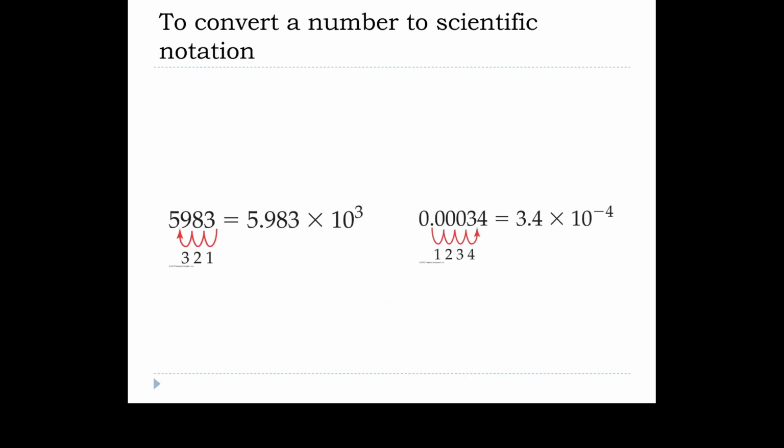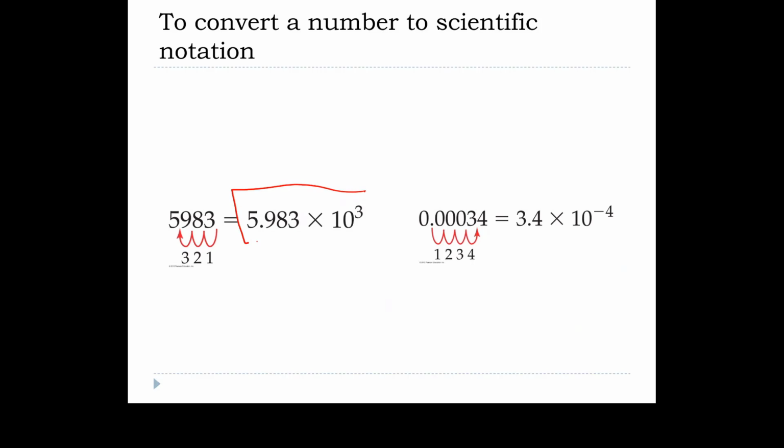So here's some examples, right? If we want to put this number in scientific notation, what we're going to do is we're going to move the decimal point so that we get a number between 1 and 10. So in this case, we get the number 5.983. And then we have to say how many times we move the decimal place.